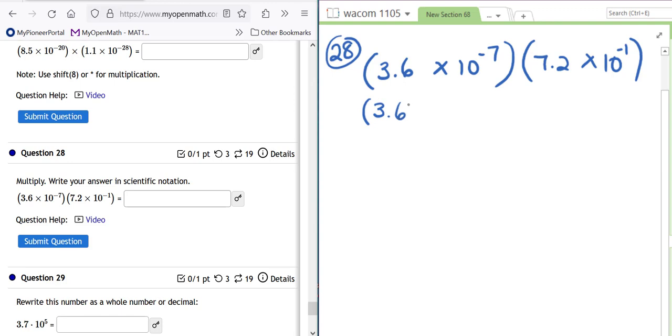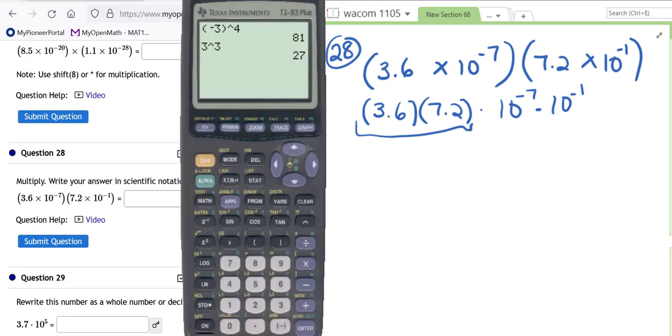So I'm going to pull these plain numbers and put them together. And then I'm going to put my powers of 10. I'll just put a dot here. So I have 10 to the negative 7, and I have 10 to the negative 1. All right, so this will be a plain old multiplication. I'll go to my calculator. 3.6 times 7.2, enter.